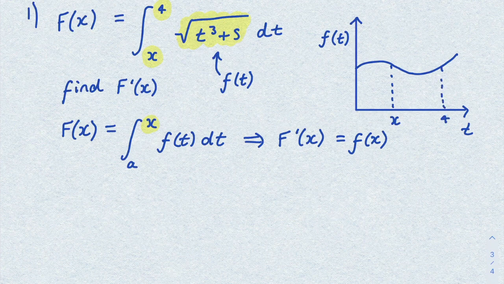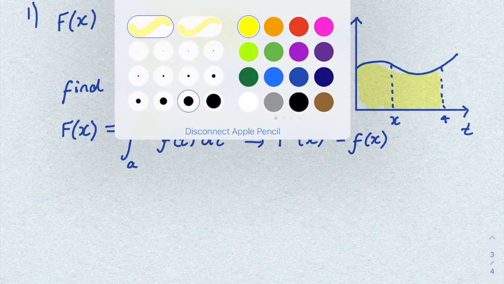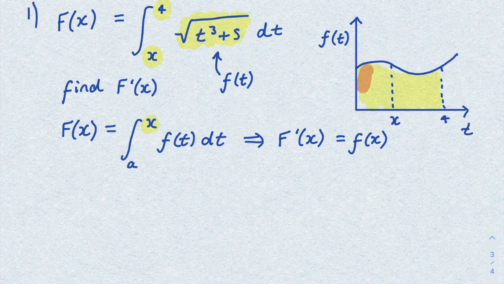So what we could do is take the integral from 0 to 4, which would cover this whole region here, and then subtract the integral from 0 to x, which would take away this region here, and then we're just left with the yellow region from x to 4. So that's essentially what we're going to do with this integral.